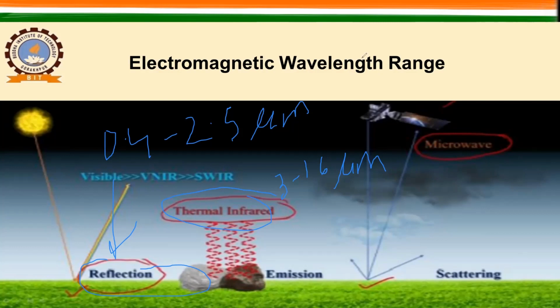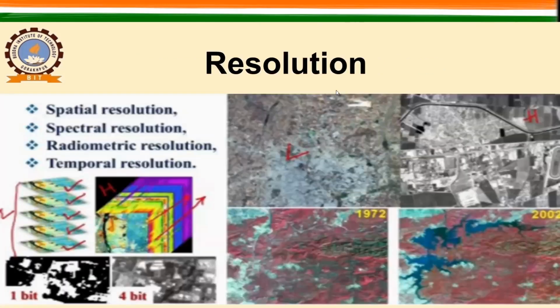And also we have covered the resolution part. ठीक है. So briefly let us go through it. Spatial resolution क्या था? Spatial resolution defines the size of the pixel in your image. If the pixel of your image covers a large area on the ground, that means low spatial resolution data.